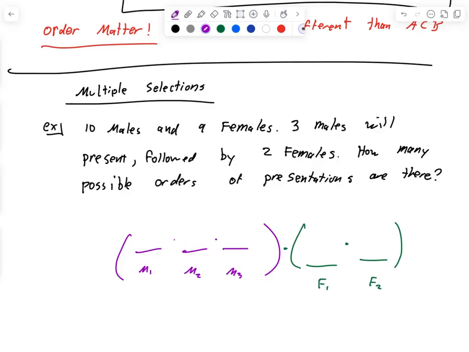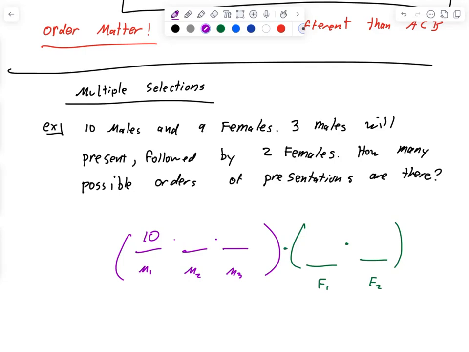So using the counting principle, I can just say, hey, how many males are possible to go first? 10. There's 10 different people who can go first, because a male is going first, and there's 10 males.